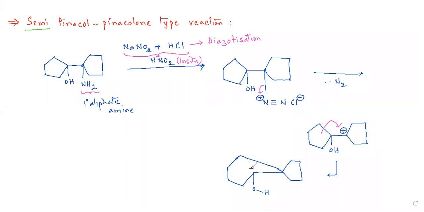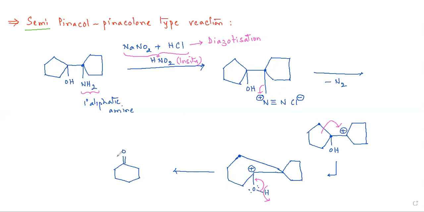A positive charge on this carbon. Because earlier the bond was between these two. This is still holding its bond, is retaining the bond, but this carbon has lost its bond. So a positive charge. And now it's loss of proton to form this.